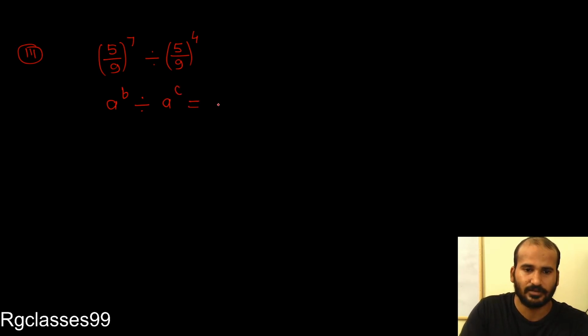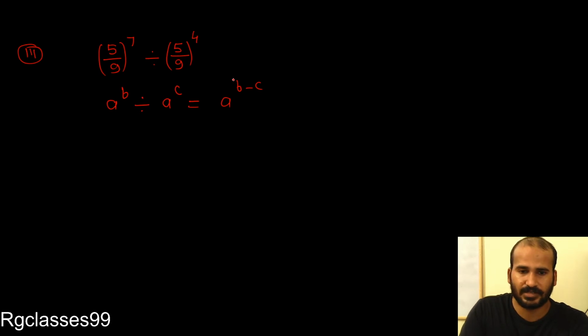Now a different type of question, question number three. It is written (5/9)^7 divided by (5/9)^4. This follows the property a^b divided by a^c, where we write a^(b-c).